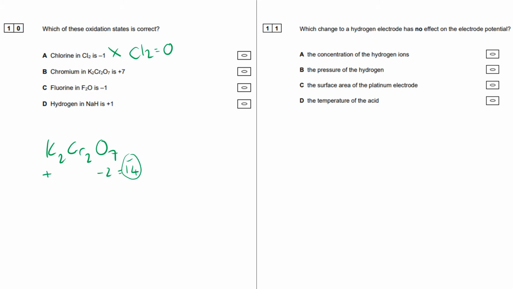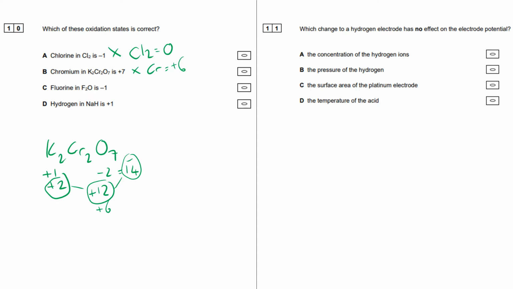Potassium is +1, so that gives us +2 for the potassiums. So that means if you've got -14 and +2, the chromiums must add up to +12. That means each chromium is going to be +6, not +7.